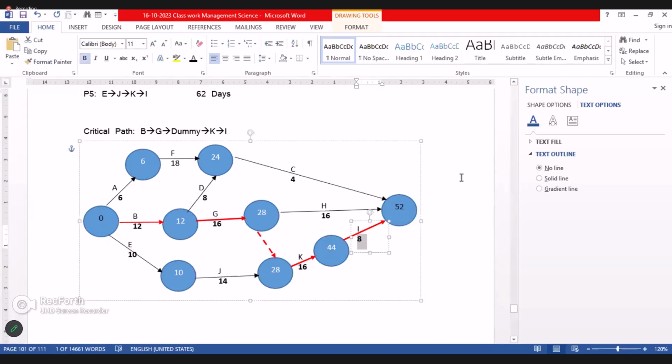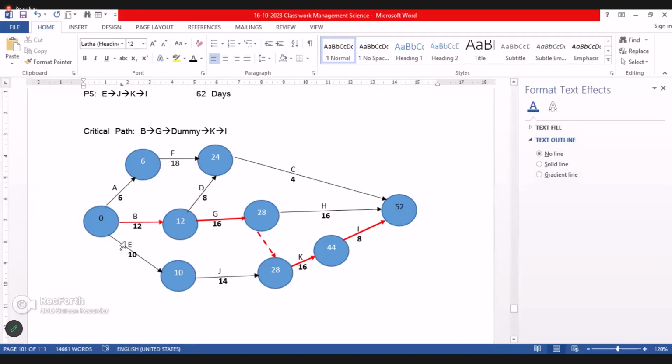Remember, in the second example also the critical path is not changing. B, G, that is 12 plus 28, here 24, here 18 plus 6, 24, here 20, so 28, okay. Here 32, if you come this way, 28 plus 16, that is 52.